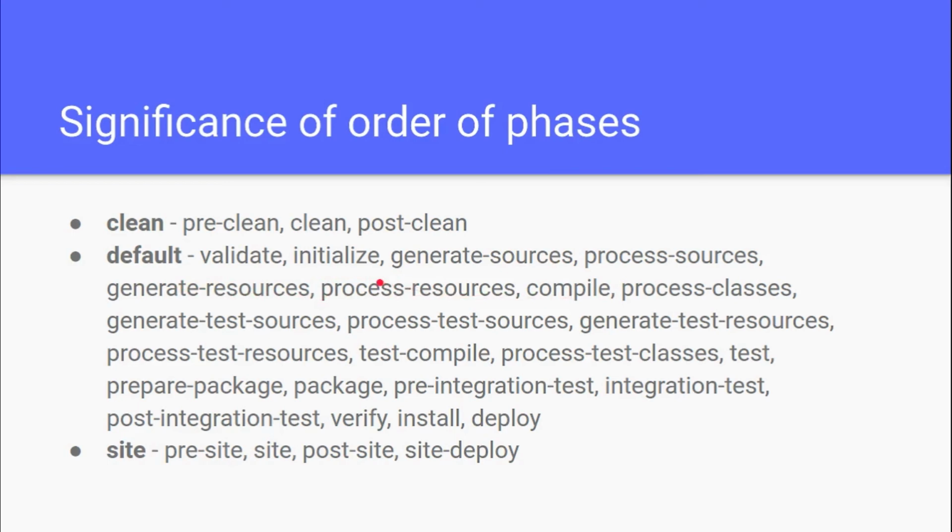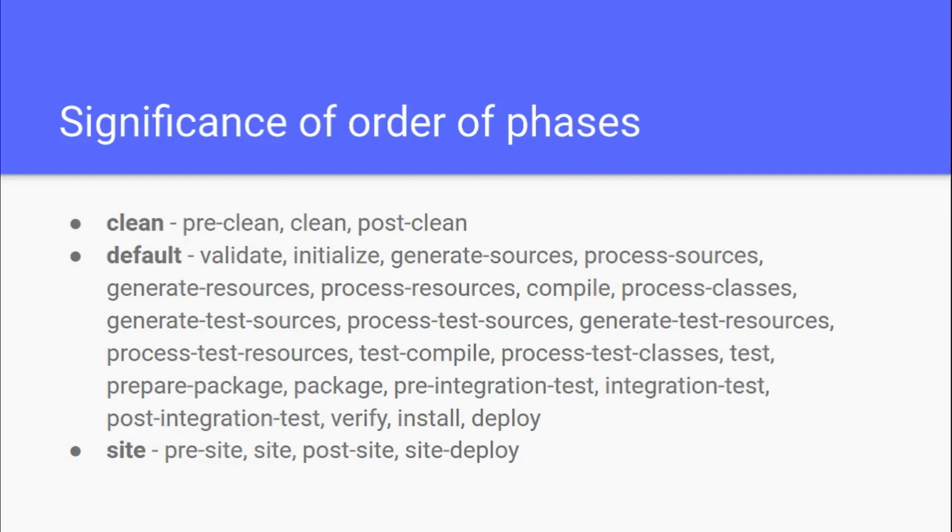If I run mvn clean compile, for clean it will run pre-clean and clean. Then it will start running the default lifecycle phases, that is validate, initialize, generate sources, and so on, up to compile. So this is how Maven defines an order and executes a command.